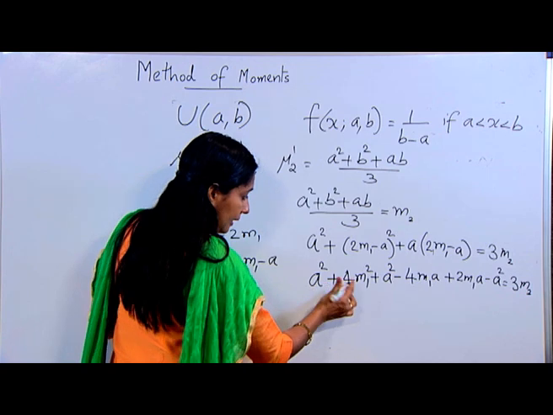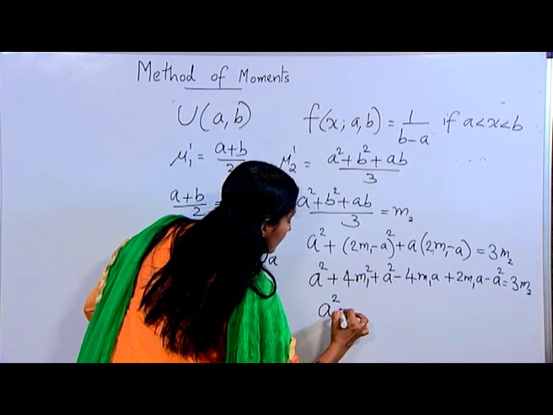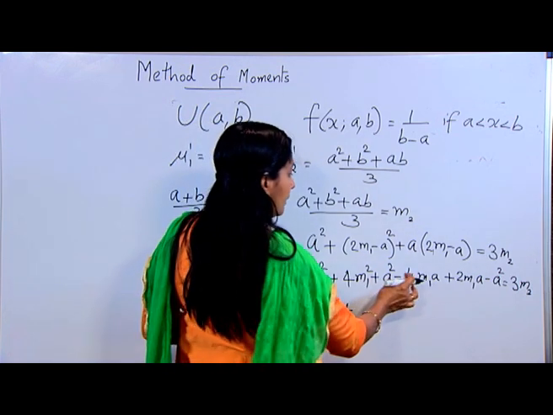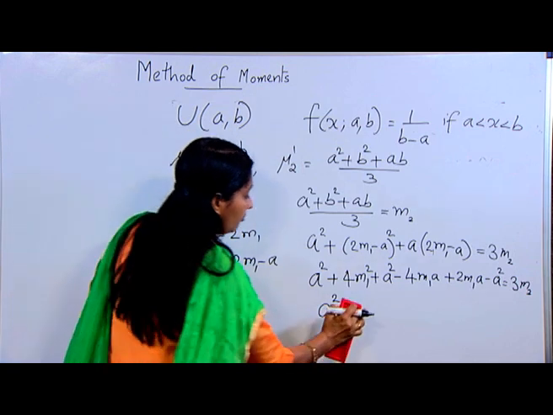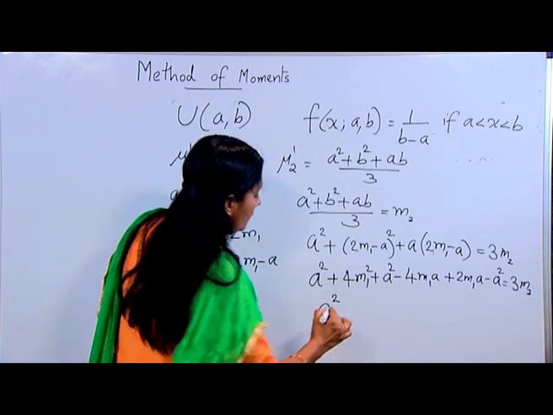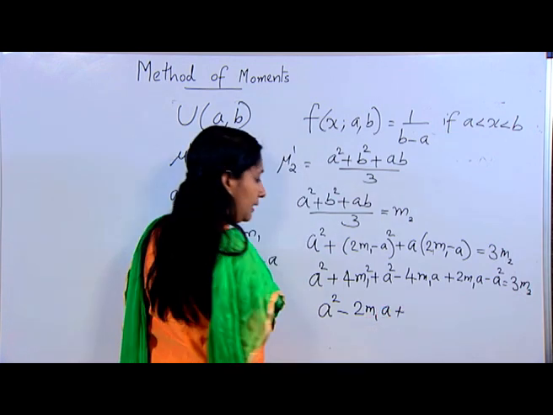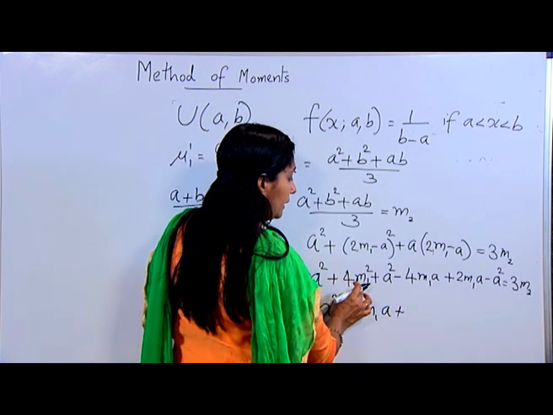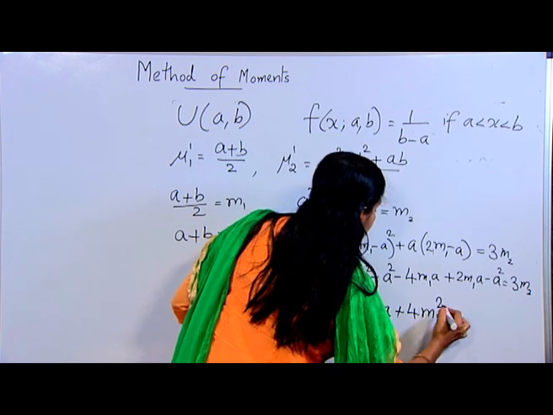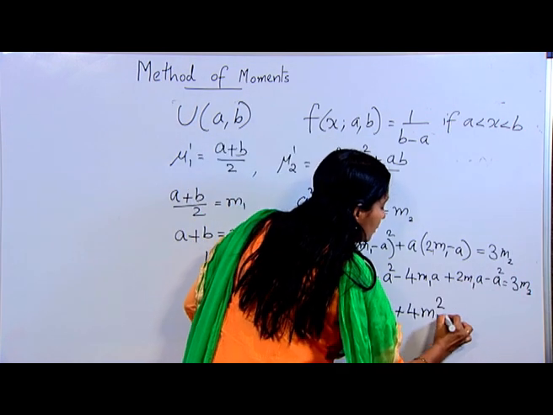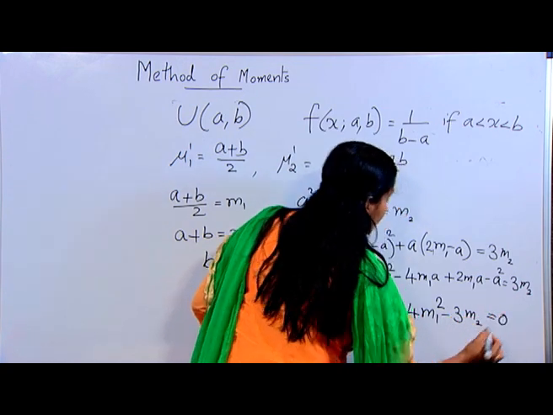This means a square plus a square minus a square. So, we have a square minus 4m1a plus 2m1a, so it is minus 2m1a plus 4m1 square minus 3m2 is equal to 0.